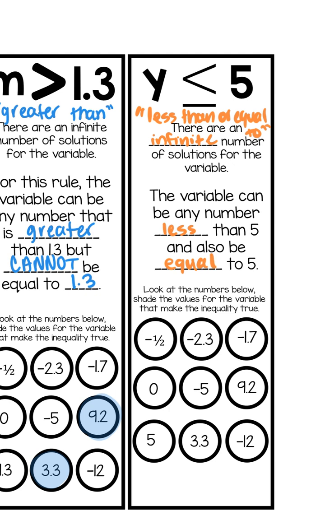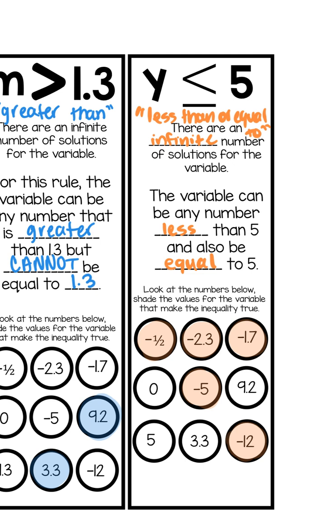So let's decide what's a solution. If it has to be less than or equal to 5, I know that every negative number has to be a solution because that's for sure less than a positive number. So I'm just going to go ahead and shade in all the negative numbers because I know those have to be solutions. What about 0?